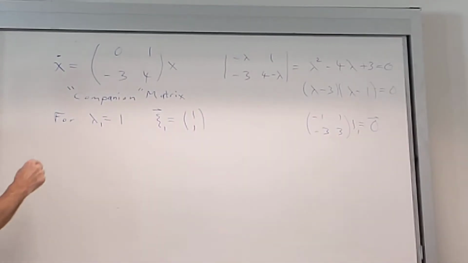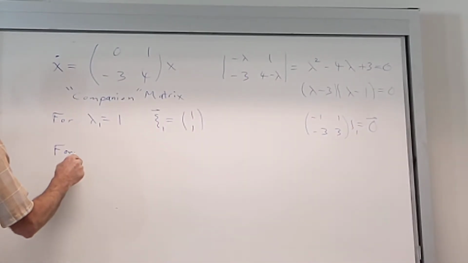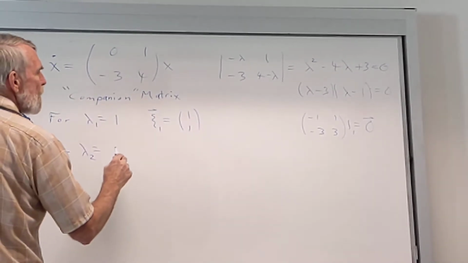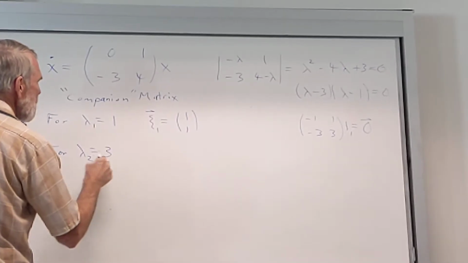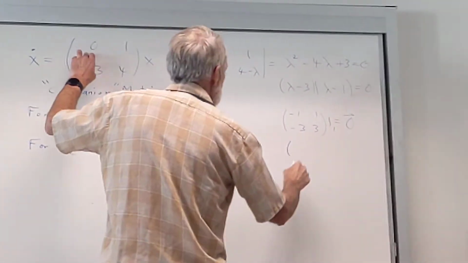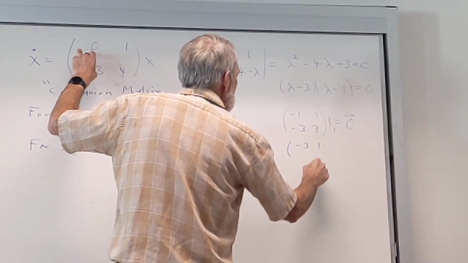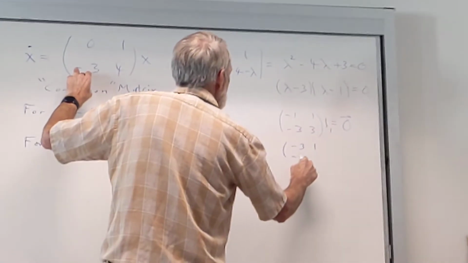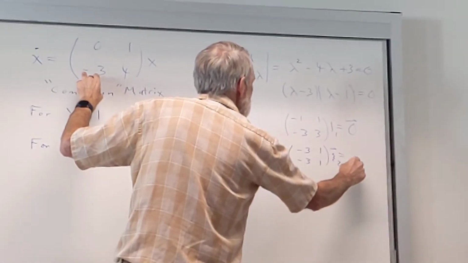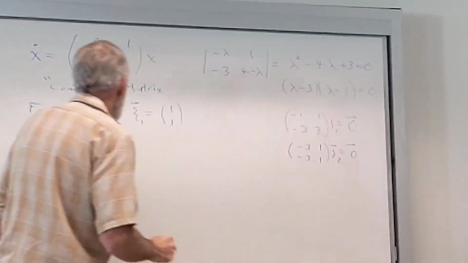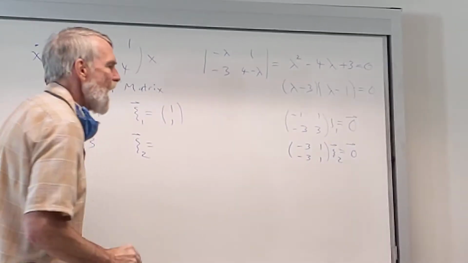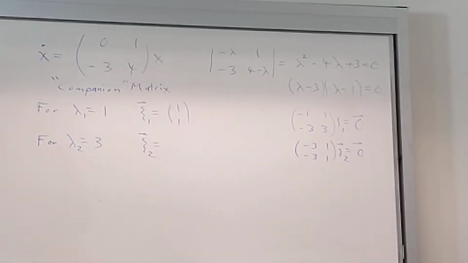Now let's do lambda 2 equaling 3. Putting that 3 in here, we're solving minus 3, 1, minus 3, 1, times x2 equal to 0. An associated eigenvector with that would be 1, 3.